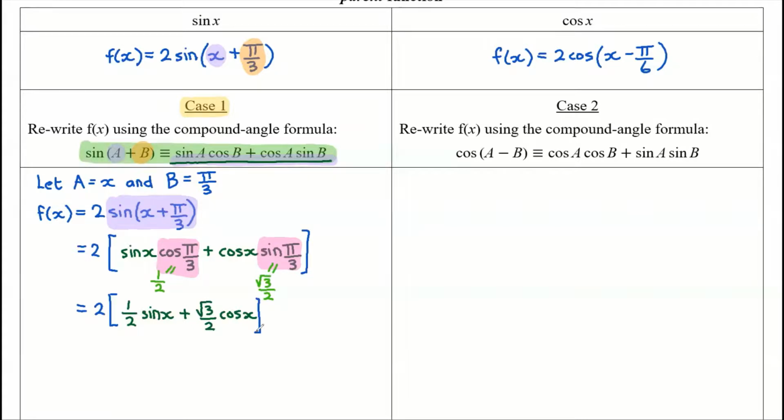All of that is going to get multiplied by 2. So for the final step, we're going to double everything inside there. So we get sine of x plus root 3 cosine of x. And this is the harmonic form.